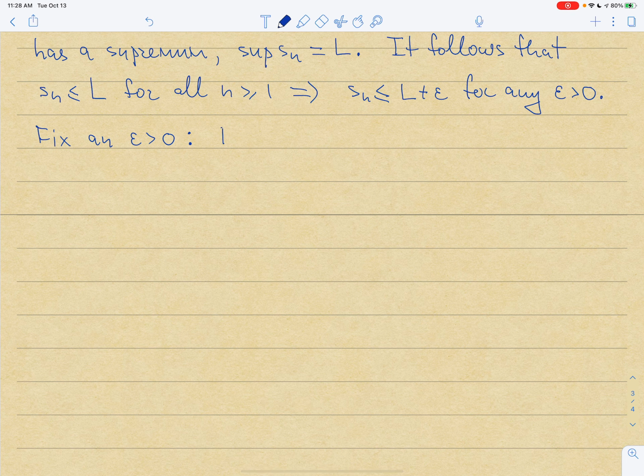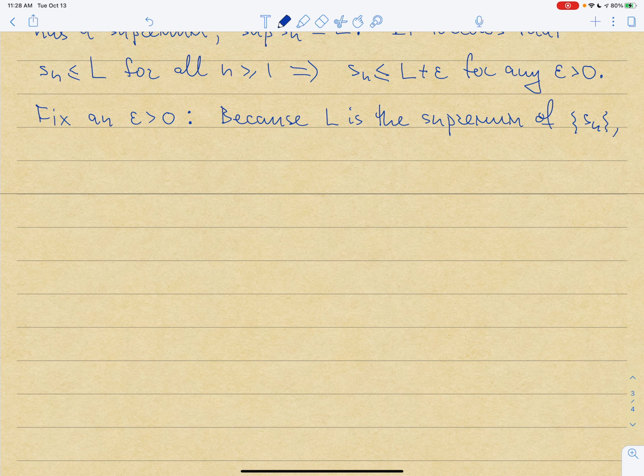Now, because L is the supremum of Sn, we have that L minus epsilon is not a lower bound, not an upper bound, sorry.